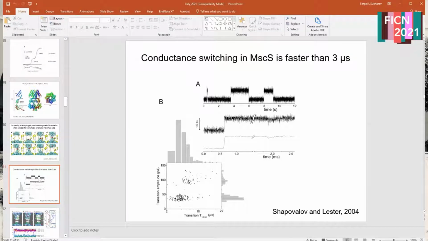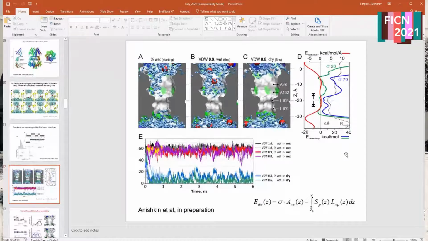This is the statistics of times and statistics of amplitudes, and it's very short. So it corroborates very well with the idea that wetting and de-wetting is the single event that synchronizes the onset or interruption of conduction.